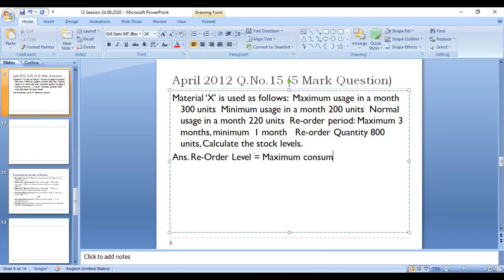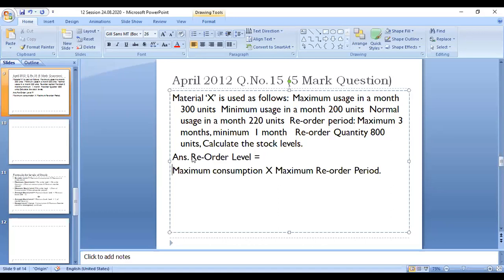We can use consumption and usage interchangeably, the same way. This is the formula for calculation of reorder level. This is the first one to calculate.